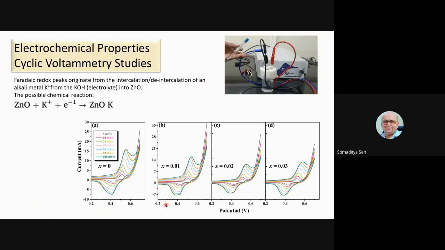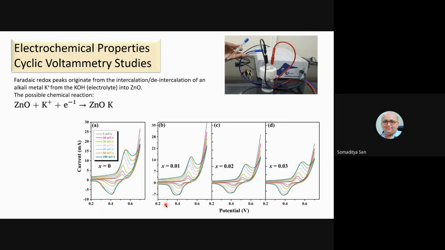Okay. We have also done the electrochemical properties in our lab, and that is a very interesting thing. It's mostly a Faradaic reduction-oxidation feature, and it originates from the intercalation and deintercalation of an alkali metal, which in our case is mostly potassium hydroxide.